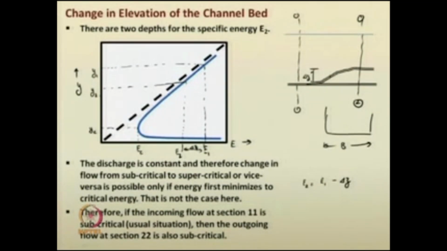As the discharge is constant in the channel, and if the flow is subcritical in the upstream section, it can become supercritical flow only when it encounters a section in between section 1 and section 2 where the flow is critical.